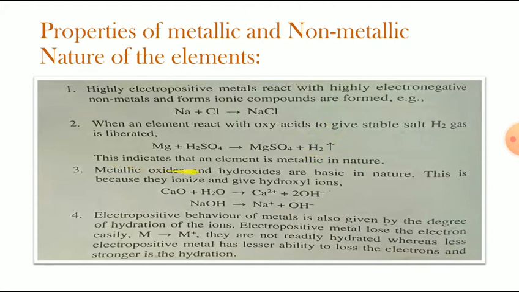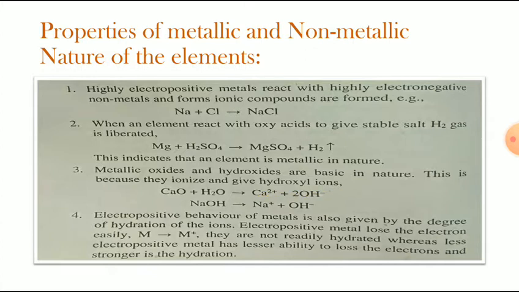This indicates that the element is metallic in nature. Now the third one: metallic oxides and hydroxides are basic in nature. This is because they ionize and give hydroxyl ions.